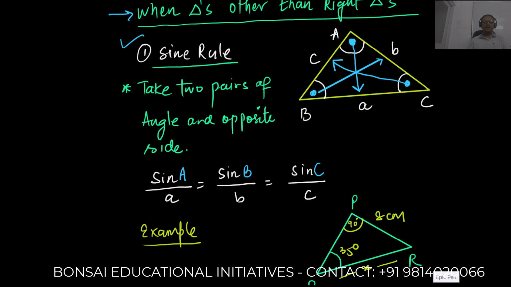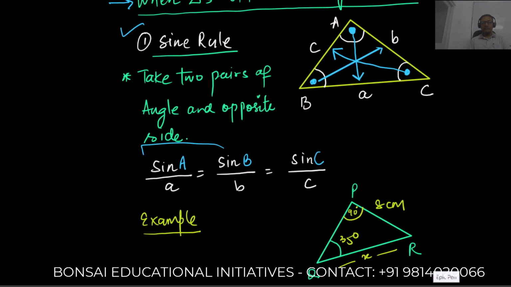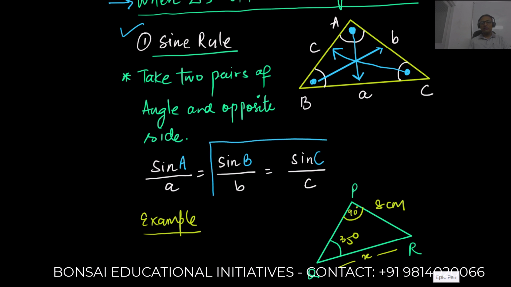At a time you do not need to take all three along with you. According to the given situation, we can take any two which contain the given and the required quantities. We can take this equation, or we can take the first and last. That is up to the problem.